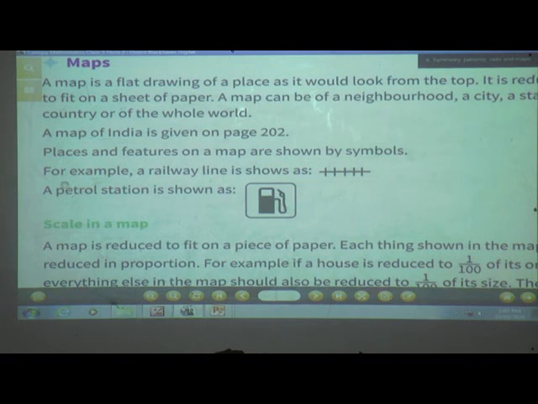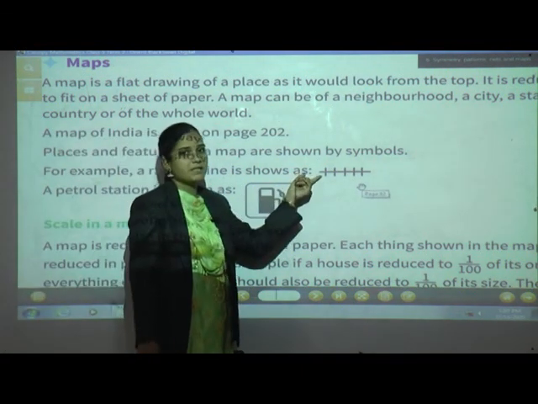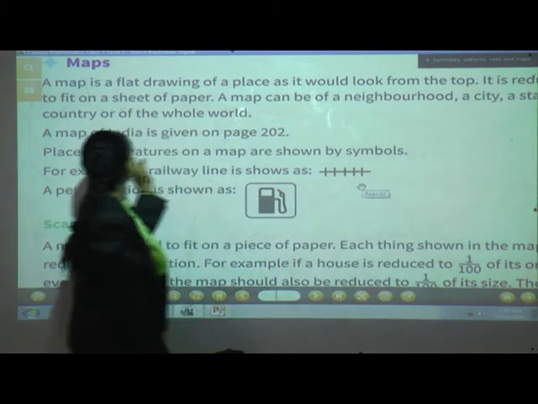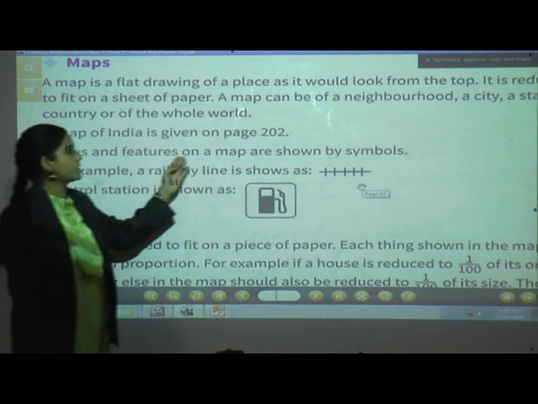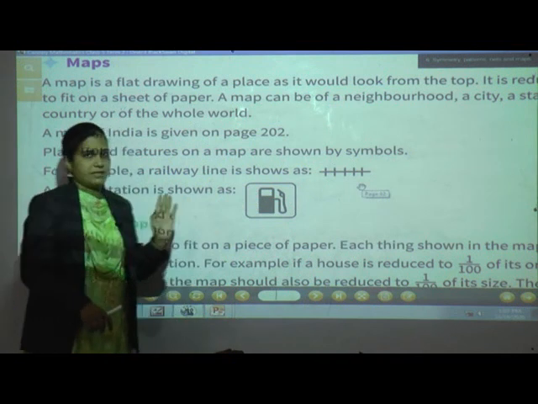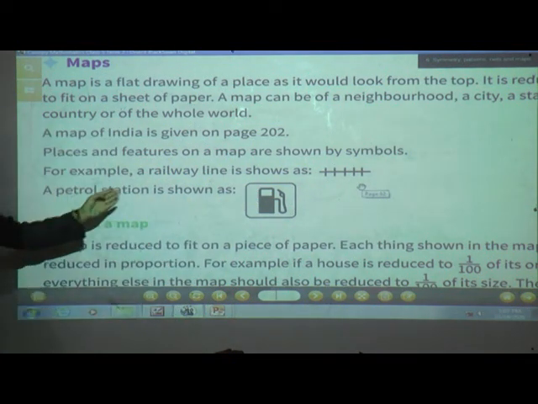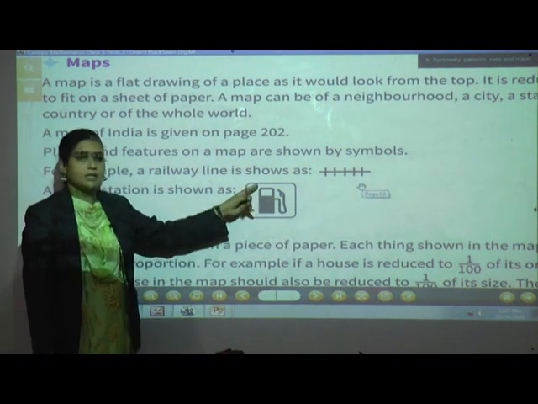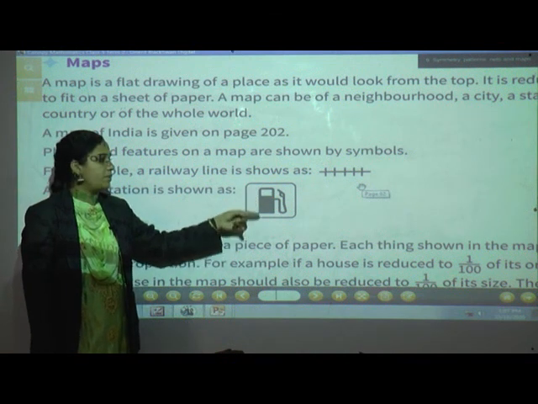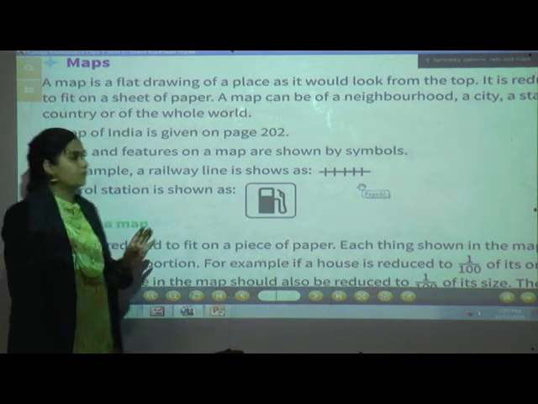For example, see, this symbol represents a railway line. A petrol station is shown like this. This symbol shows us that a petrol pump is there.